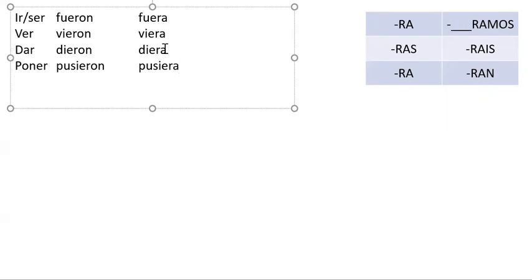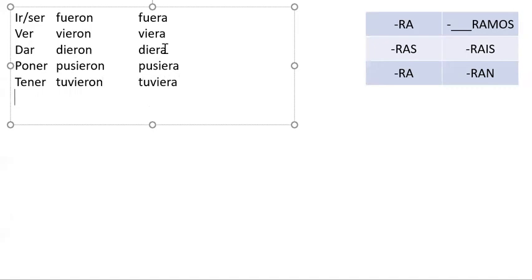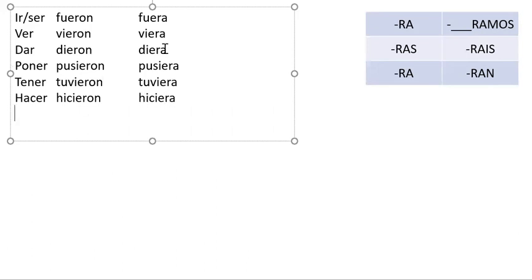Tener was another one with a UV in the stem. So this one became tuvieron, which makes this now tuviera. We also had hacer with an I in the stem. Hacer became hicieron, and so it will become hiciera. So these are those morpheme verbs. We had I-E-R-O-N as the endings for all three of these types of morpheme verbs.